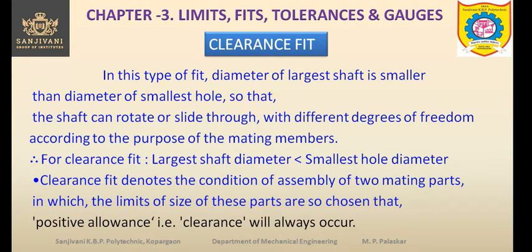Whatever may be the limit of the hole as well as the shaft, always there will be clearance. Of course the clearance will vary depending upon the actual size, but in all conditions clearance will be there. Now clearance means here positive allowance. The allowance will always be positive. That means always the hole diameter will be larger than the shaft diameter. That is the clearance fit.